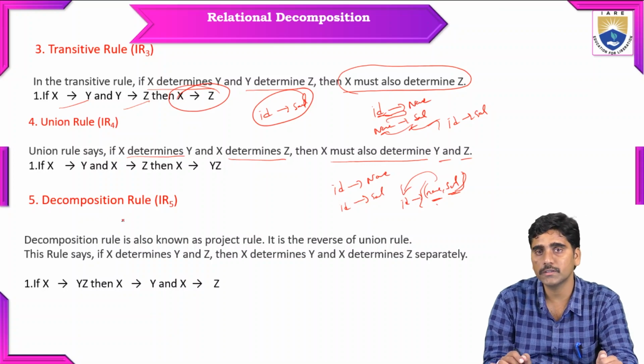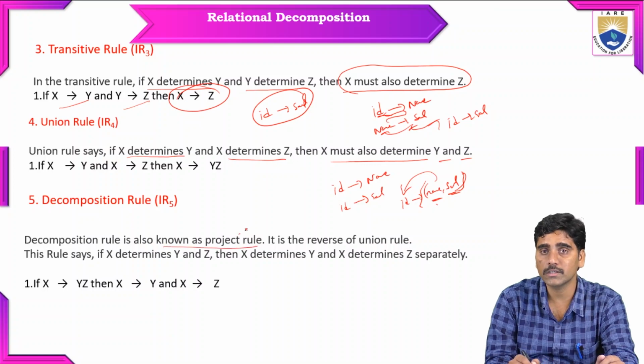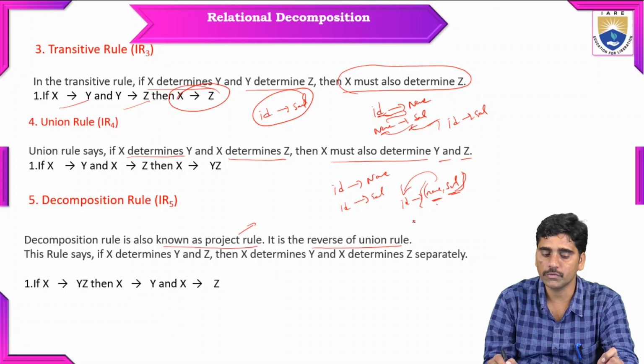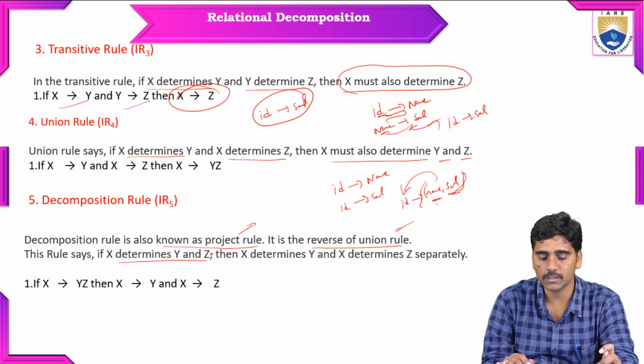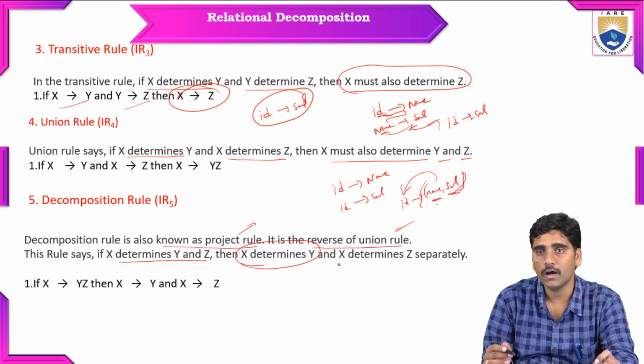Next, the decomposition rule. It is also known as the project rule. It is the reverse of the union rule. This rule says that if x determines y and z both, then x determines y and x determines z separately.